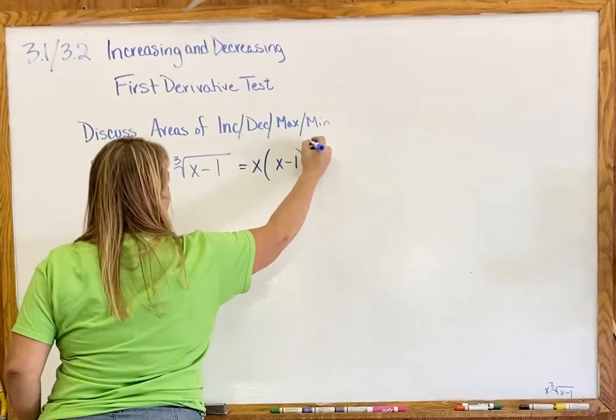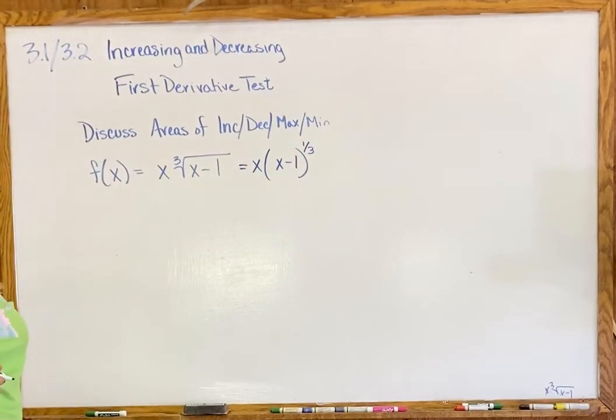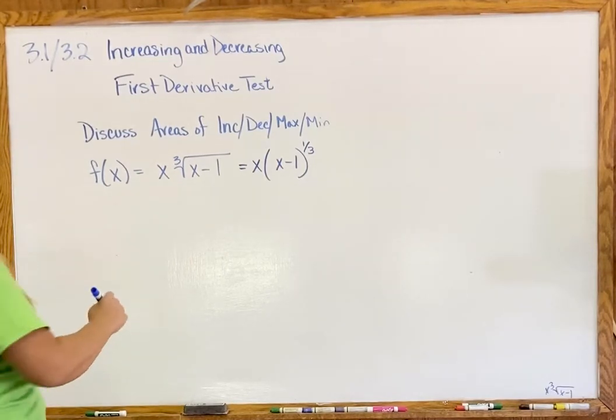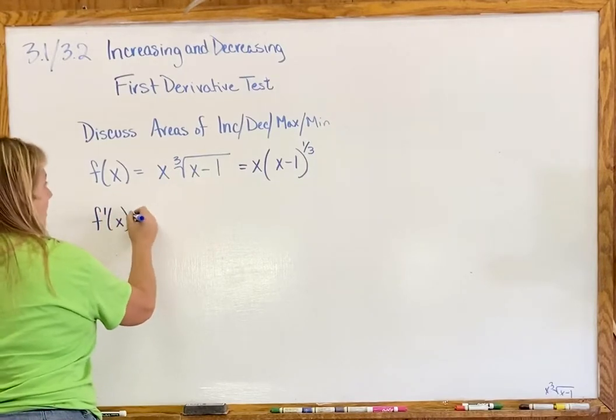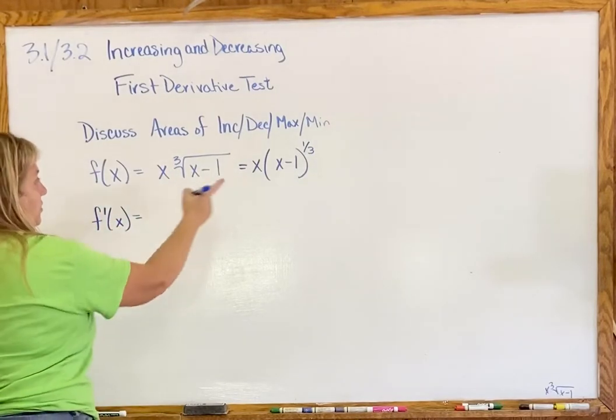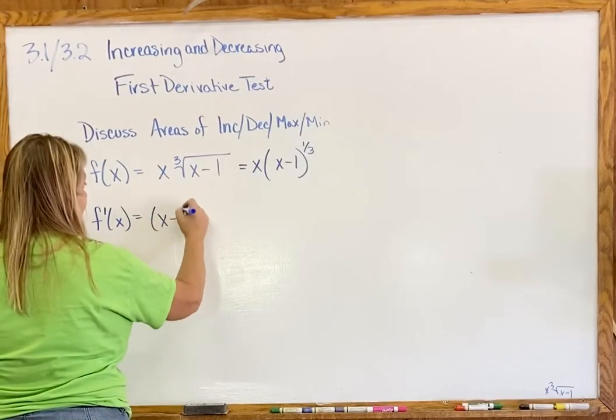So I think the only thing I'm going to do is rewrite this like that. Now this is going to require the product rule. I want to do one that requires a little bit of extra work. So let's find the derivative. Take the derivative of the first, which is just 1, which is nice, and leave the second.